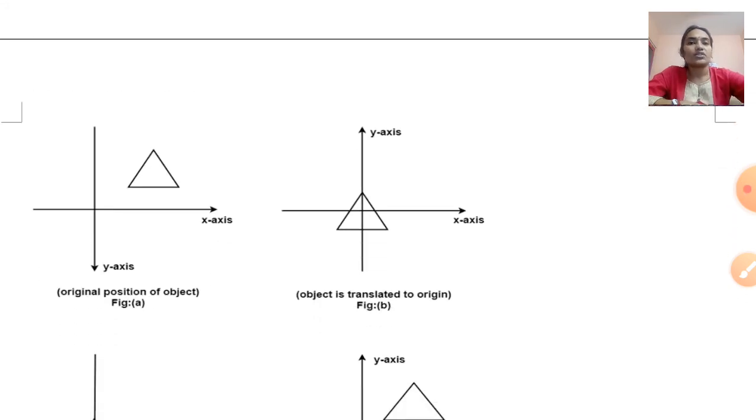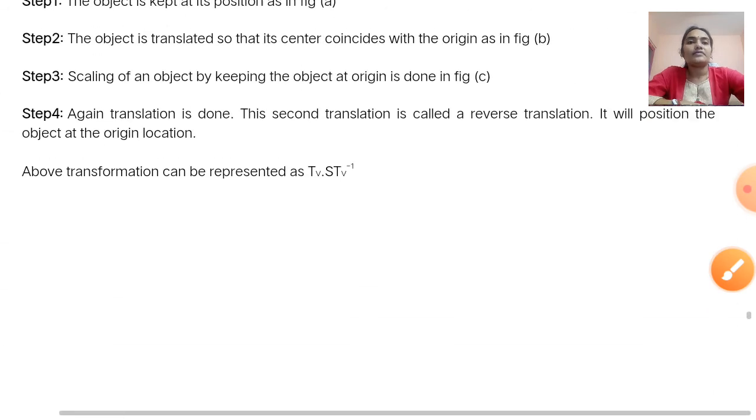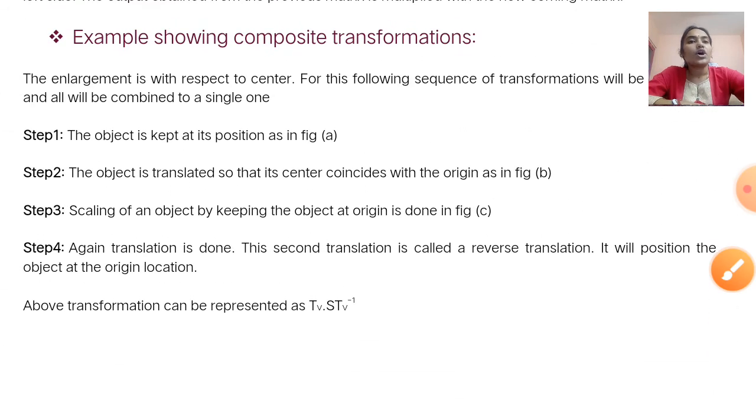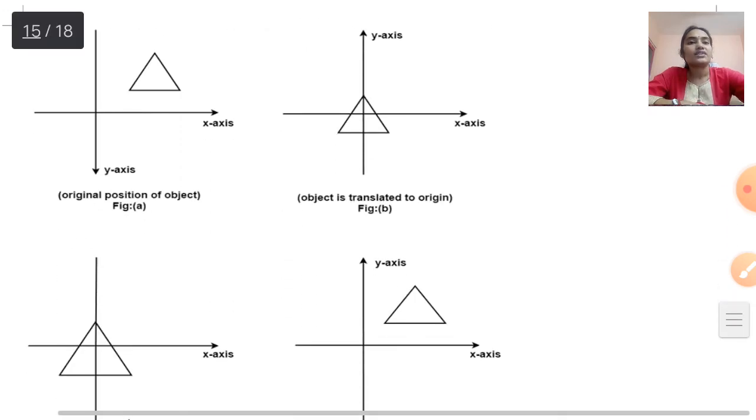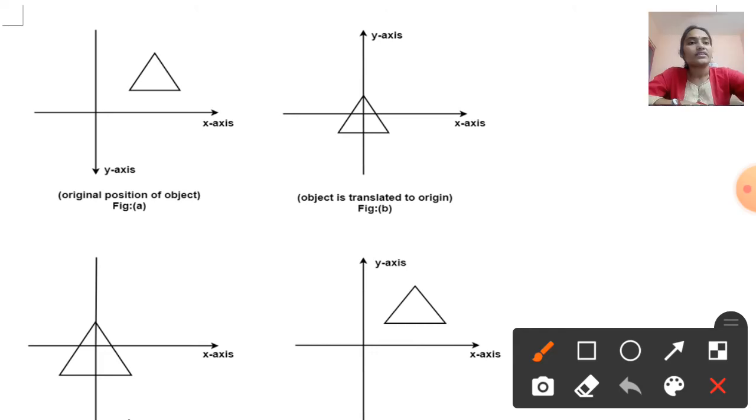Then the object is translated so that its center coincides with the origin, that means the middle point, in this figure.